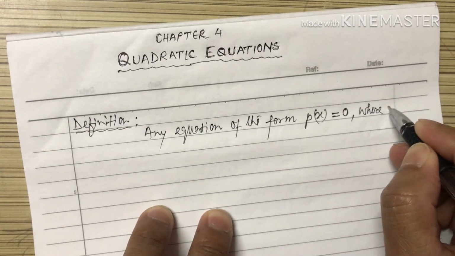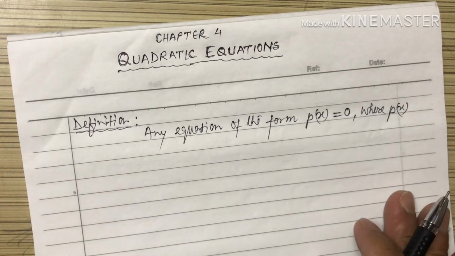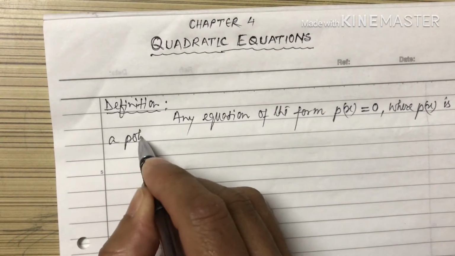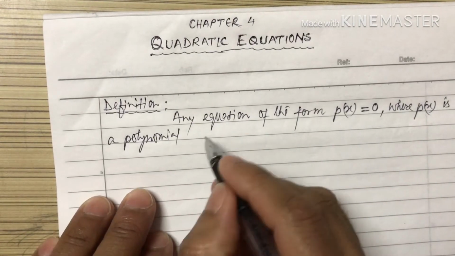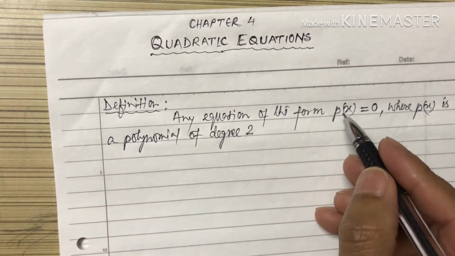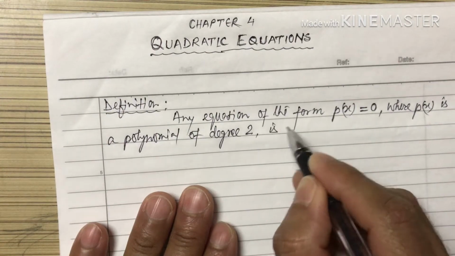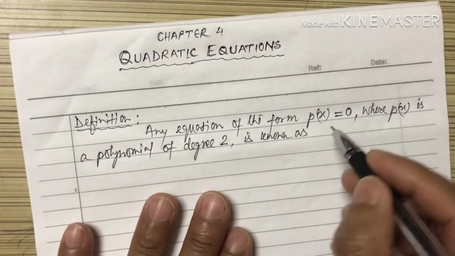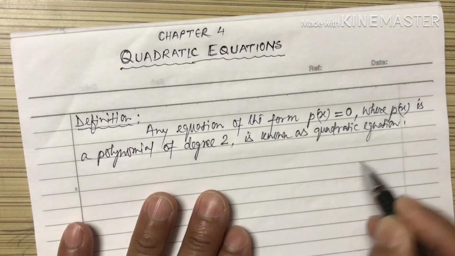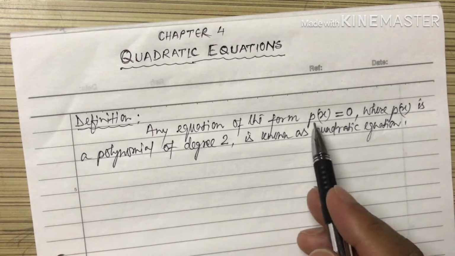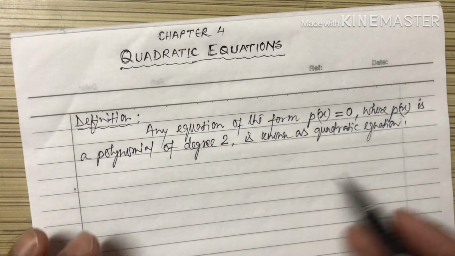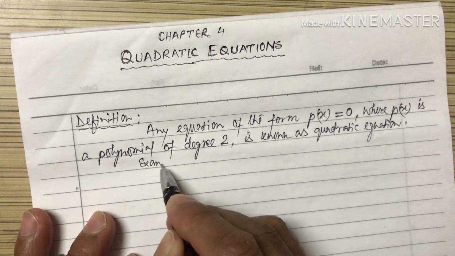So an equation of the form p(x) = 0 where p(x) is a polynomial of degree 2 is known as a quadratic equation.